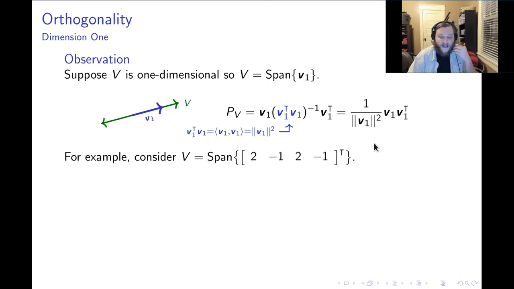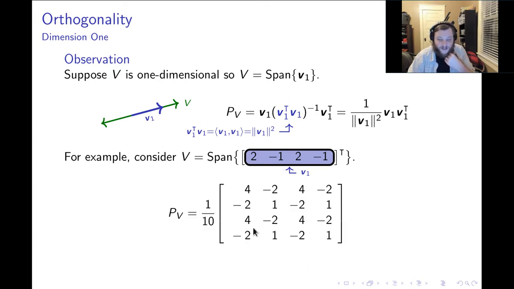Let's see an example. So let's say V is spanned by this single vector (2, -1, 2, -1). How do I calculate the projection in this case? Well, here my V1 is this vector. And so the projection is given by this matrix. Where did I get this matrix?